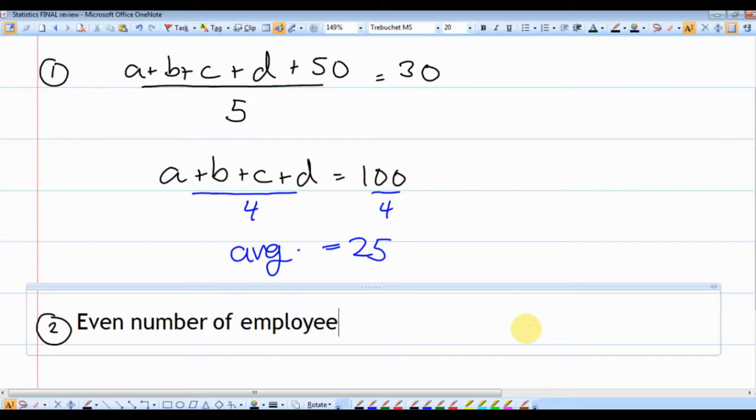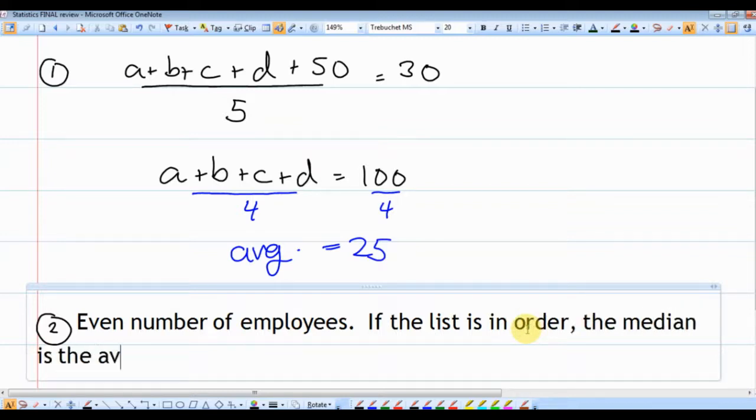Employees. Right. If the list is in order, then the median is the average of the 20th and 21st employee from the bottom, right?